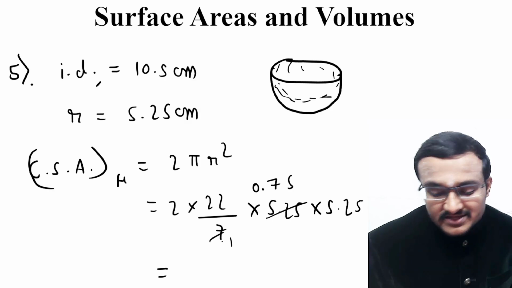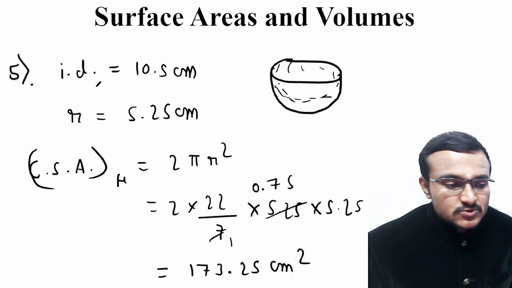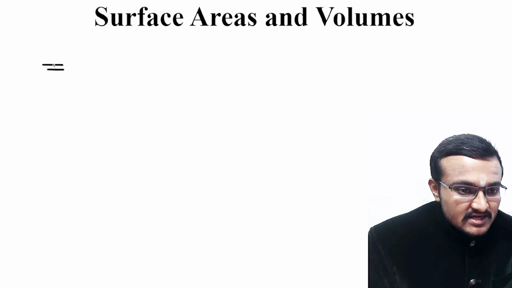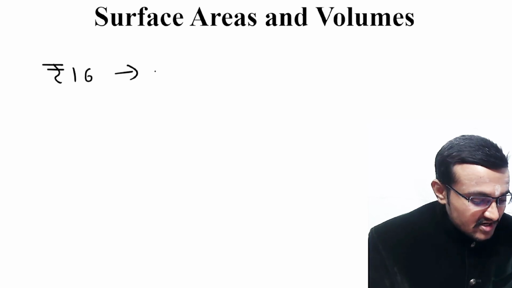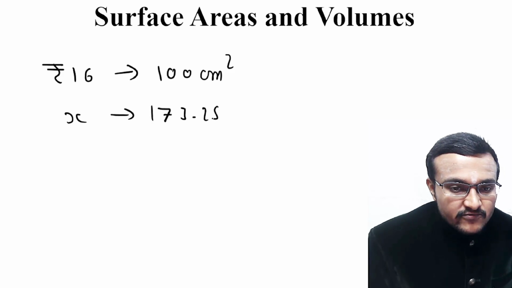When you solve this, you will get 173.25 centimeter square. Now they have given the cost for 100 centimeter square. 16 rupees is the cost for 100 centimeter square. Now what will be the cost for 173.25 centimeter square? You can just cross multiply this.